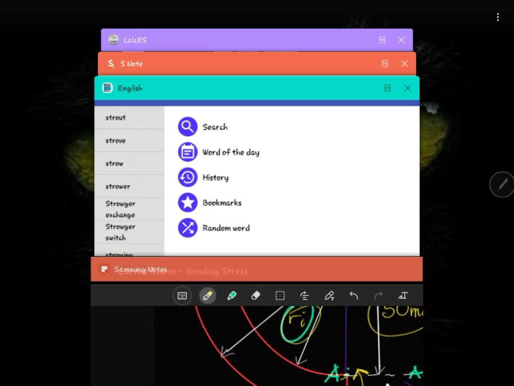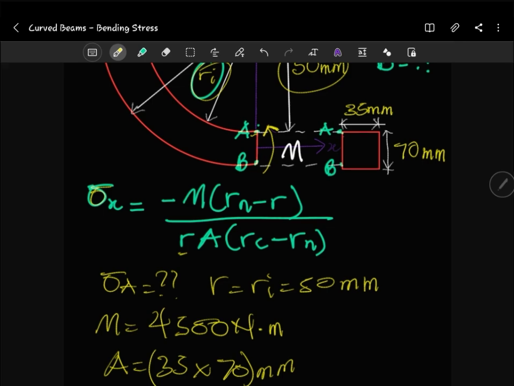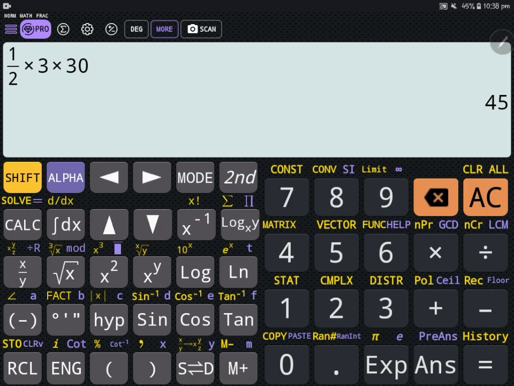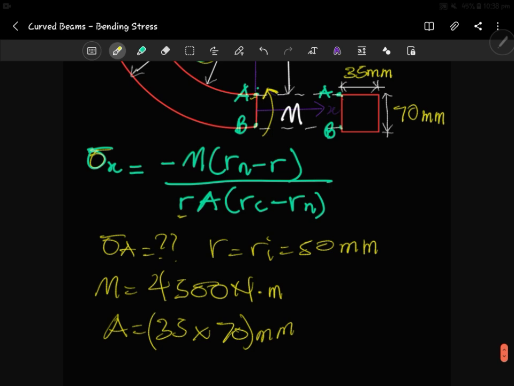Let's see what we get for that. I do this so that we are able to follow. 35 times 70 gives 2450, which is in mm squared.